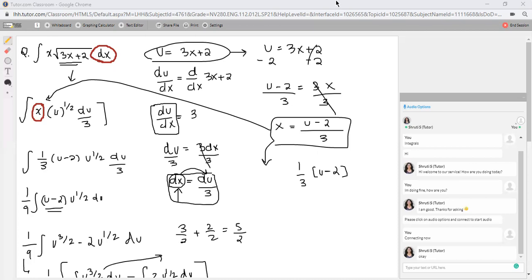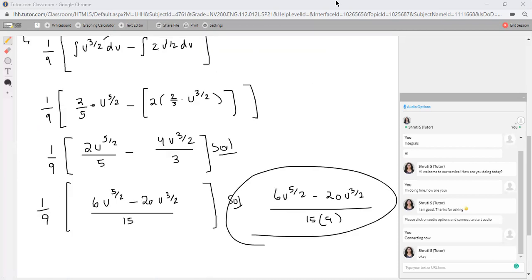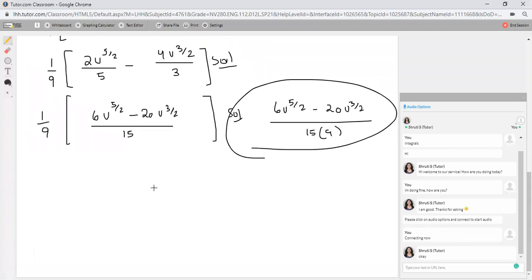I was just checking if the work here is correct. Yeah, I think it's fine. Okay, so now you can just plug back the u value, and the rest everything is correct. Yeah, super.